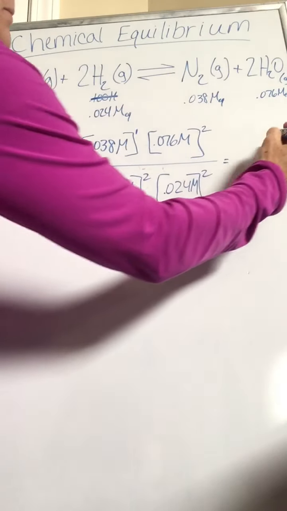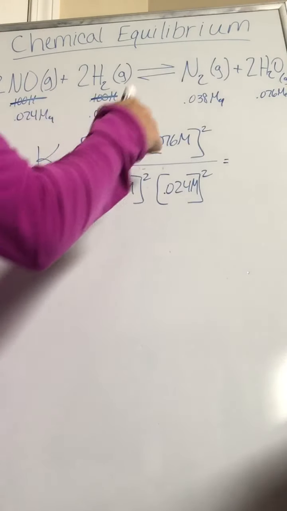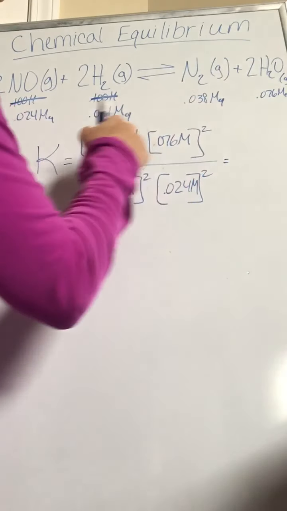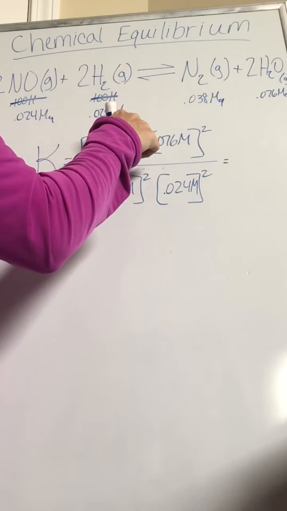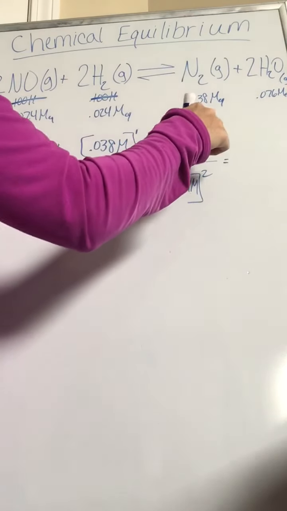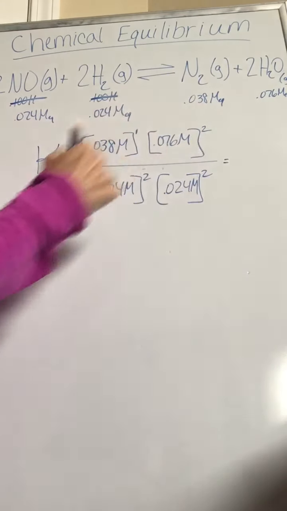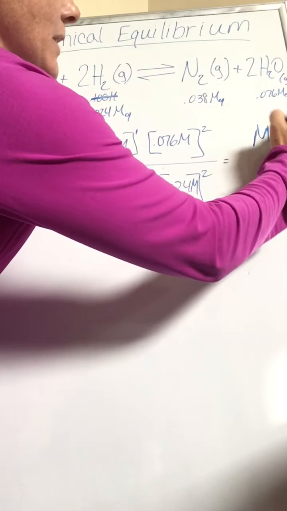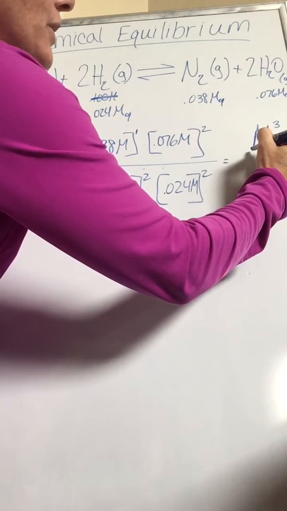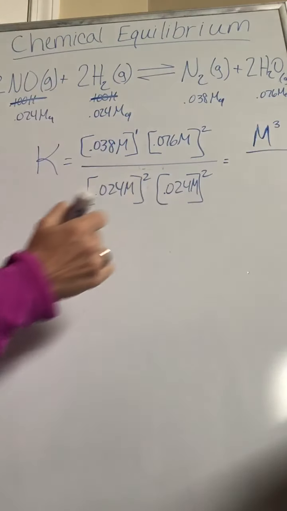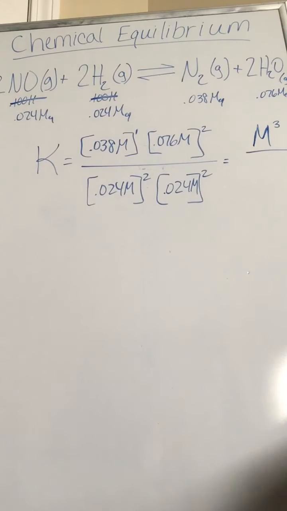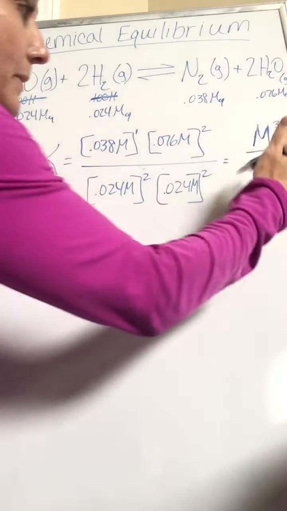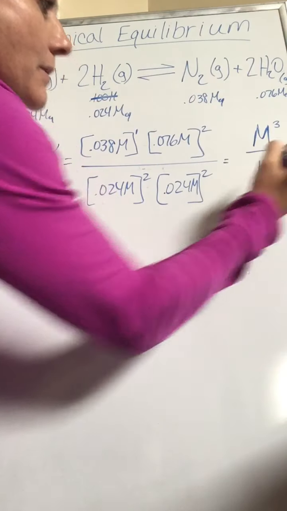But before we do the numbers, I want to just look at our units. So we have M to the first power times M squared. We're going to add those, so in the numerator we have M to the third. For the denominator, we add these two, so we have M to the fourth.